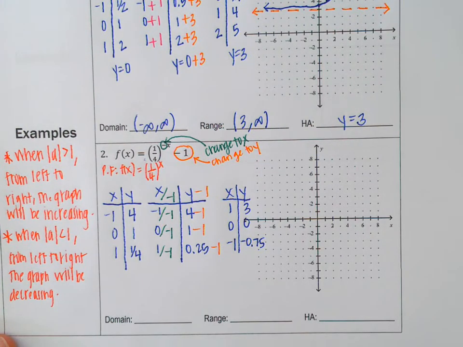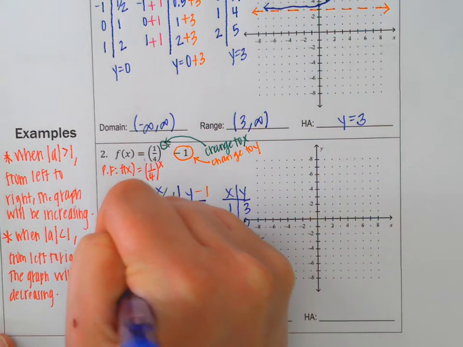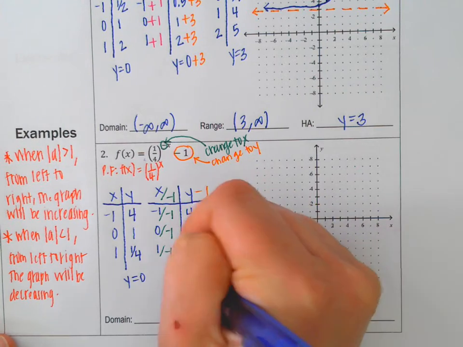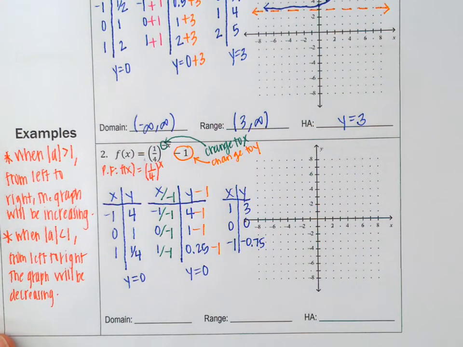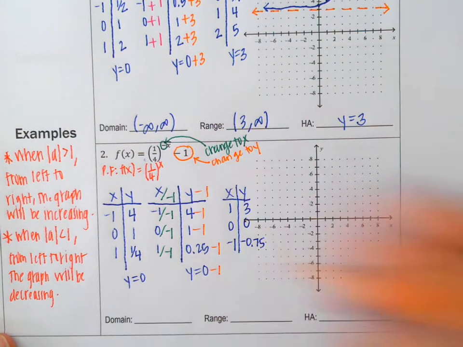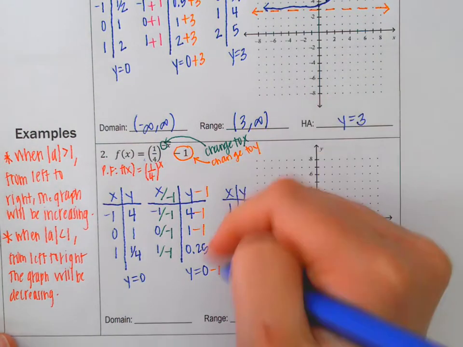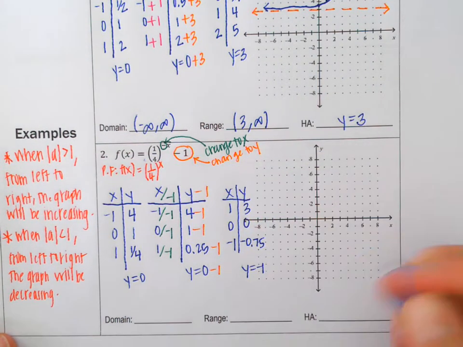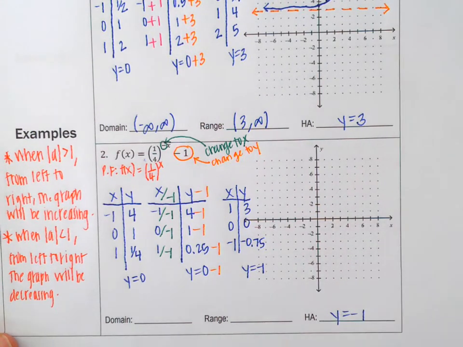Okay, so before we plot our points, I always want to plot my asymptote first. My asymptote, remember, always starts at y equals 0, and then we look to see what happened to all of our y values. Well, it was subtracted by -1, so my new asymptote is going to be y equals -1. So let's always graph that first.